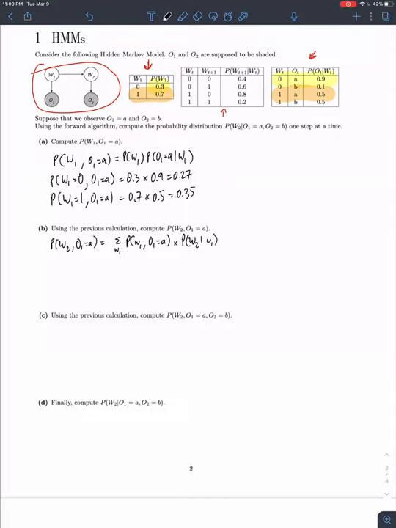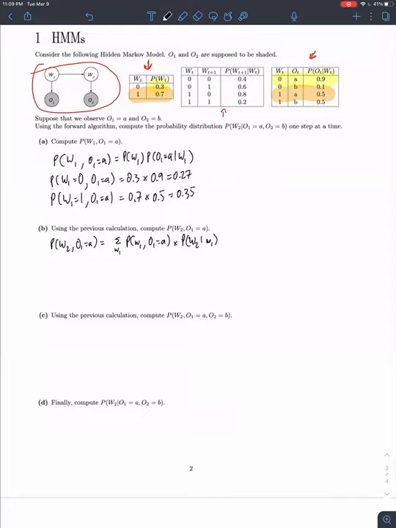And we can do this because this is like the Bayes rule expansion, except we're using the fact that W2 is independent of O1 given W1. So we're sort of looking, okay, what are all the W1s that can make this whole story work?